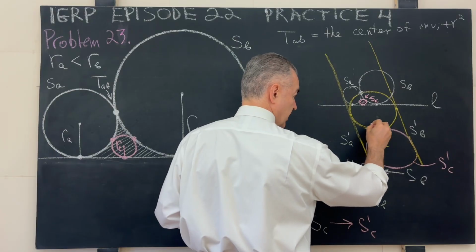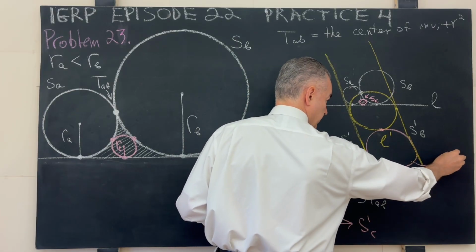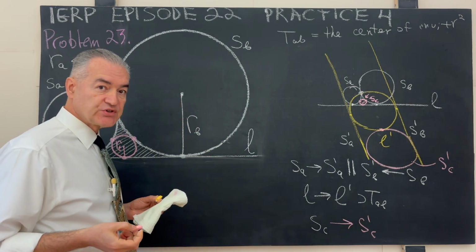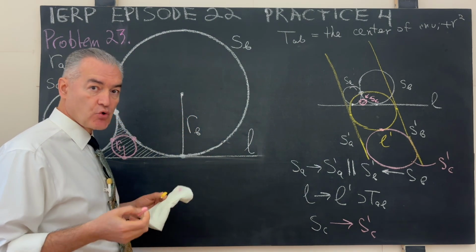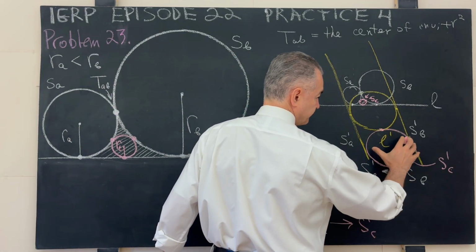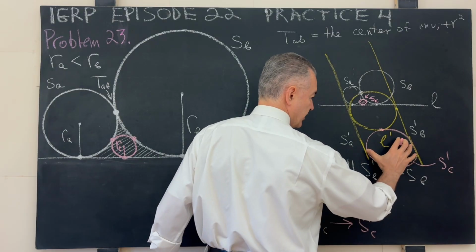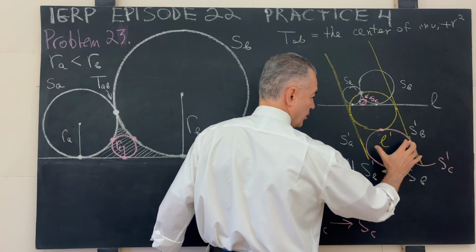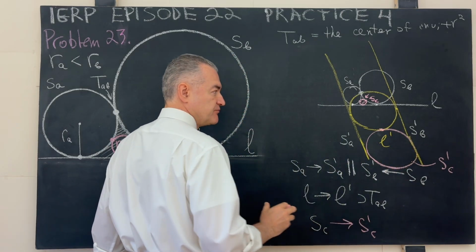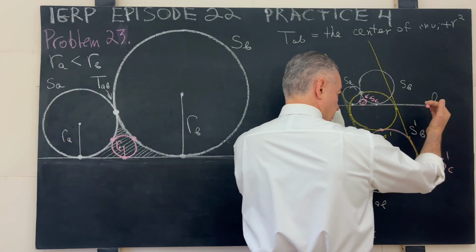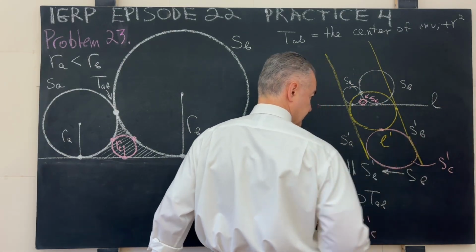The circles L prime and S prime C are almost identical, or almost isomorphic, which means that they are equal in the sense that their diameters and radii are exactly the same: equally sized circles that are trapped between two parallel straight lines and touch them.